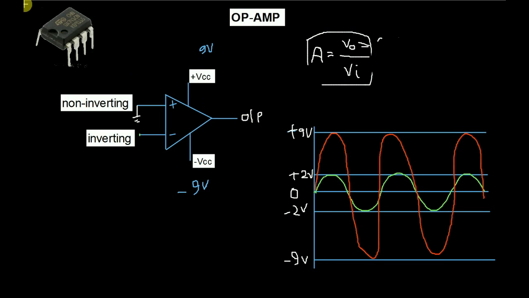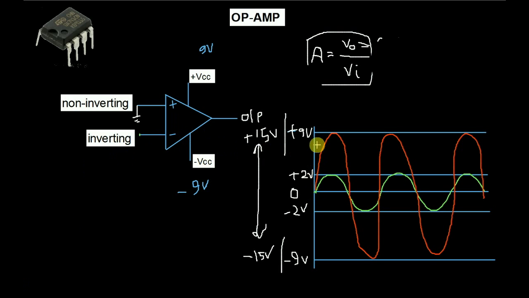If we use 15 volt instead of 9 volt, suppose plus 15 volt and minus 15 volt instead of plus 9 volt and minus 9 volt, then the amplification will be limited between plus 15 volt and minus 15 volt. So the amplification depends on the gain, and also it depends on the biasing voltage.